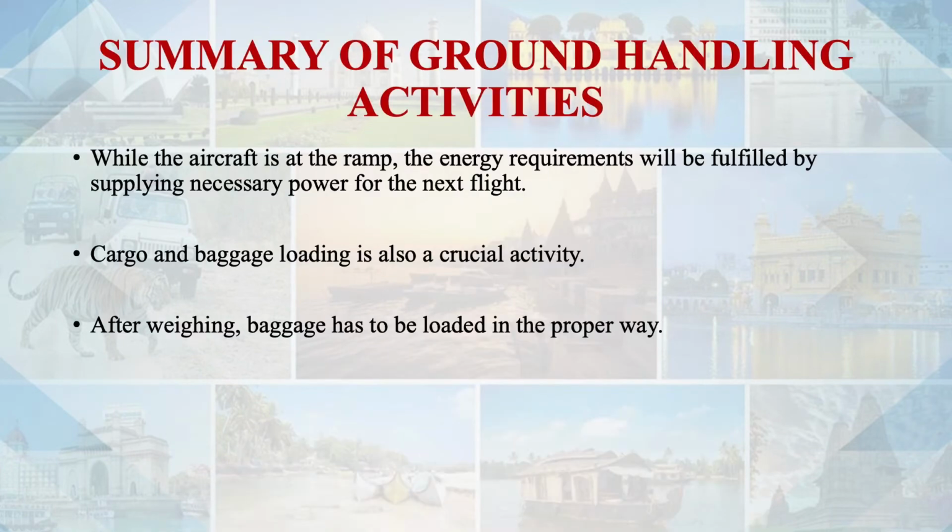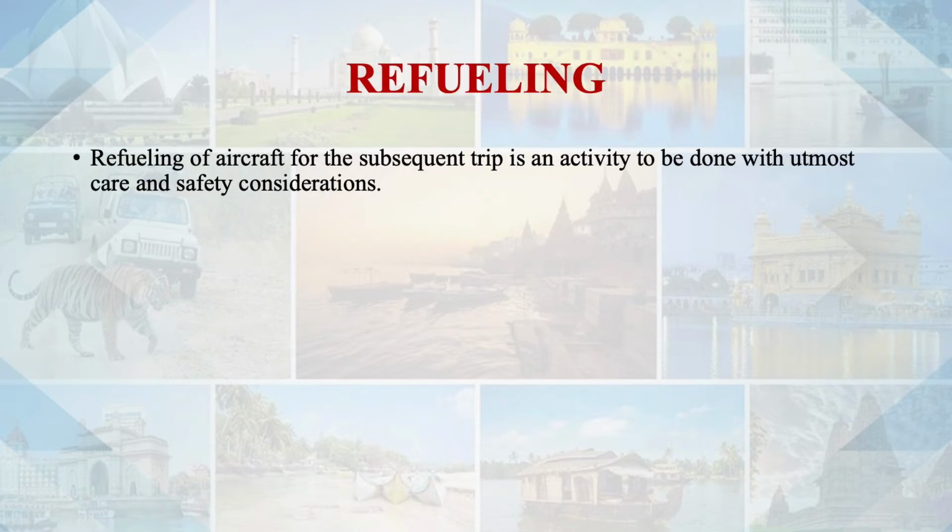Refueling of an aircraft for the subsequent trip is an activity to be done with utmost care and safety considerations. Two types of fuel are most commonly used at airports. The most common fuel is ATF, aviation turbine fuel. It's also called jet fuel, and there are a number of different grades for that, depending upon the aircraft type.